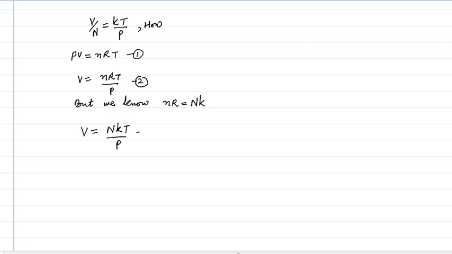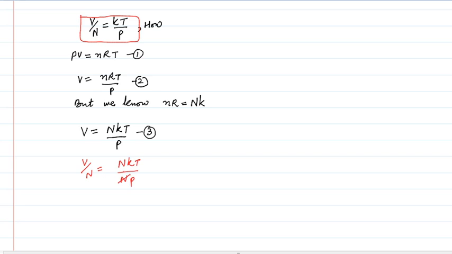So this will be equation third. Here V is divided by the total number of atoms or molecules, so V by N will be simply equal to NKT upon NP.